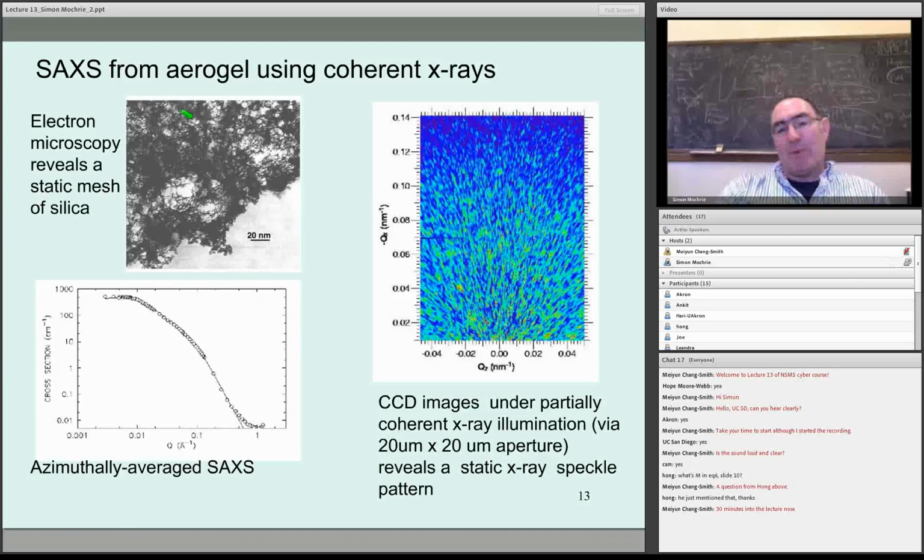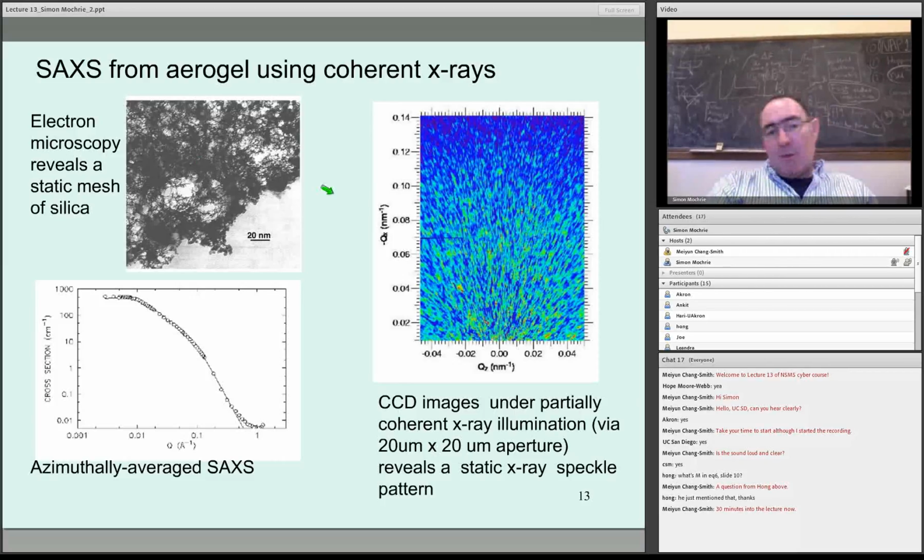So where the scattering is rather weak, somewhere over here, they scatter out of phase. Where the scattering is rather strong, oh, I hit it right on, they're scattering in phase. So this is very characteristic of coherent scattering: the presence of speckle.